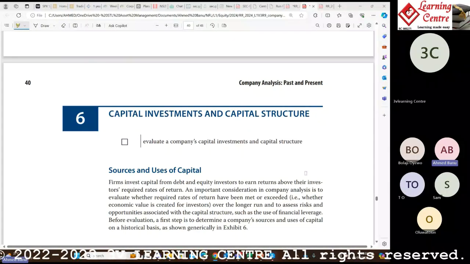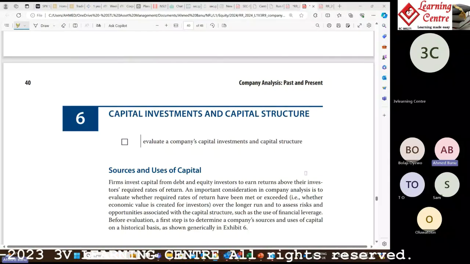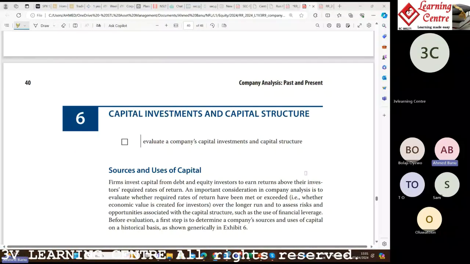Like I said, corporate issuers, yet again, degree of financial leverage. When you talk about operating, you have degree of operating leverage, then we have degree of financial leverage.